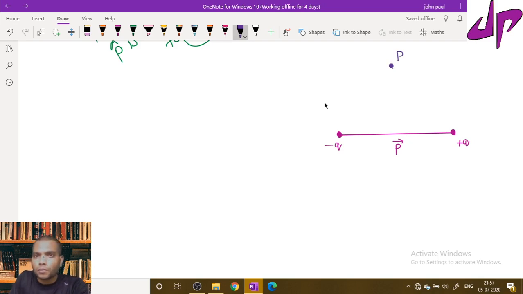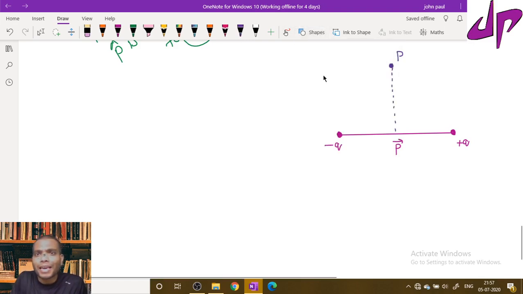This point P is along the equatorial line, which is the perpendicular from the dipole axis. At point P, the electric field exists due to the negative charge and also due to the positive charge. To find the electric field at point P, according to convention, what shall we do?